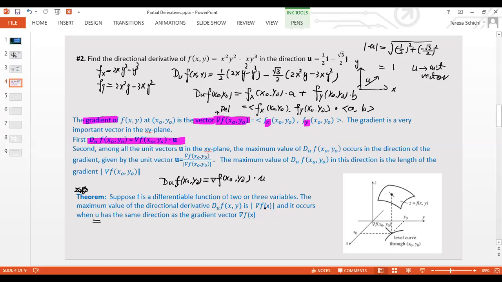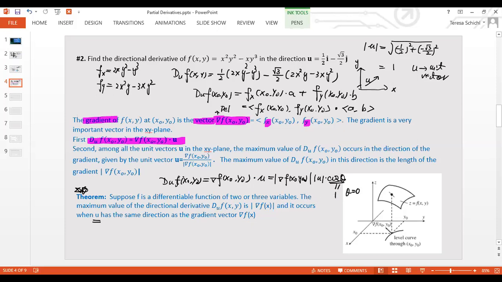So we know the dot product, right? So what is the dot product? We say this will be the magnitude of del f of x0, y0 times the magnitude of u times cosine theta, where theta is the angle between these two. I know cosine is between 0 and 1, so the largest value is when cosine is 1. So when is cosine equal to 1? When theta equals 0 degrees.